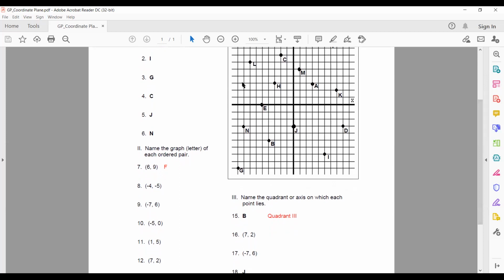So what letter goes with -4, -5? B as in boy? Everybody okay with that? Yeah, B. What's the matter, Jaden? You disagree? They are both negative, yeah, so it would be -4, -5.